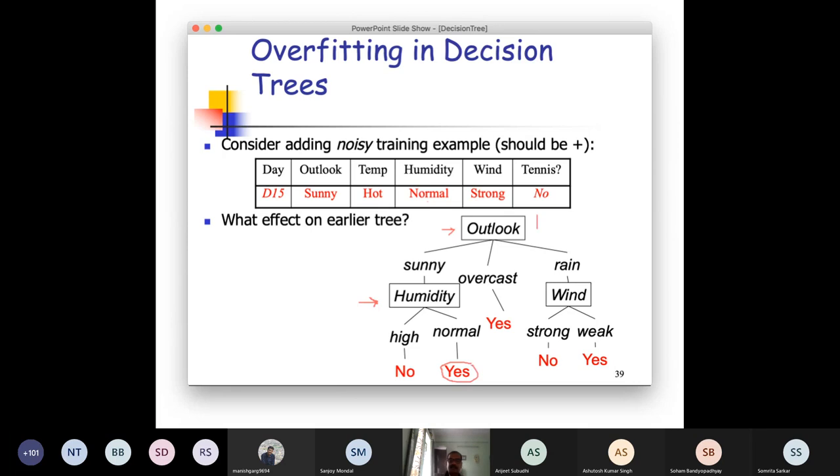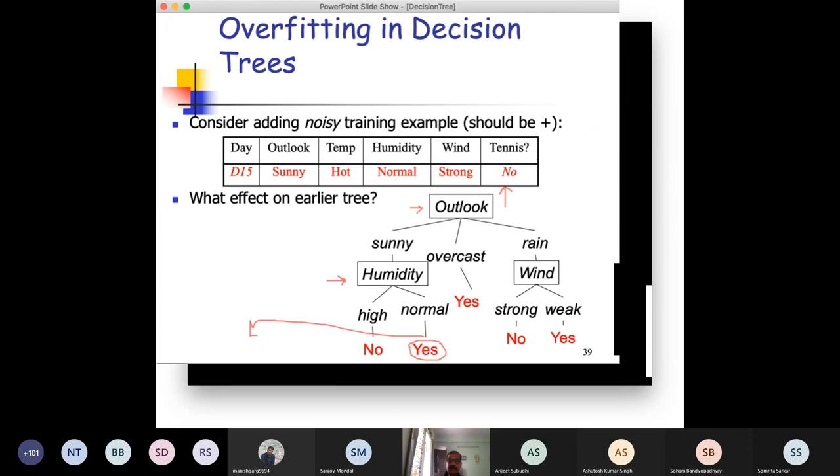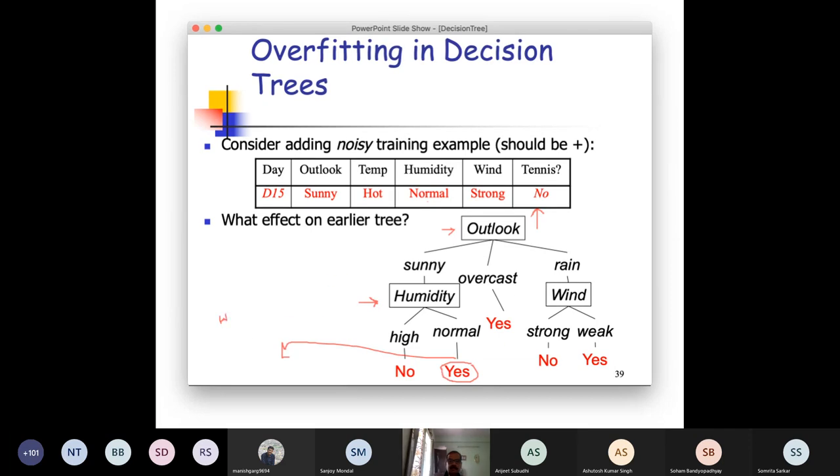But since this label is no, this tree needs to be grown once again so that you can accommodate this data. So what could be a possibility? At this point, I can make a check on, say, wind, or it could be wind or temperature.